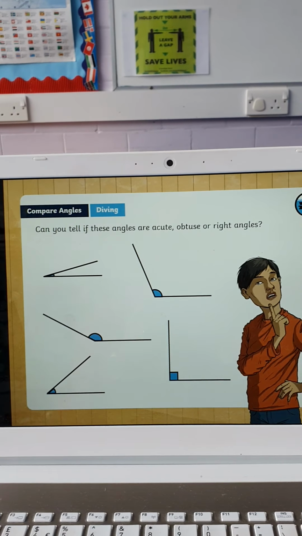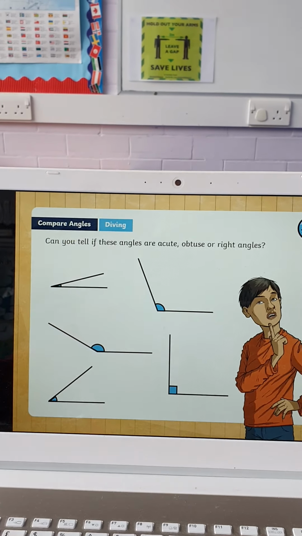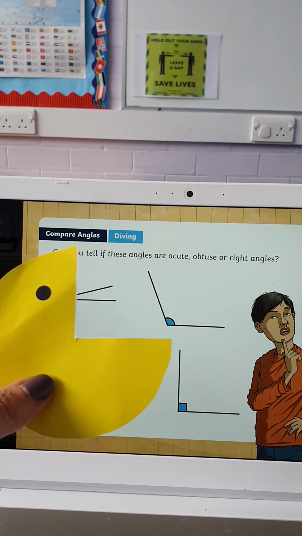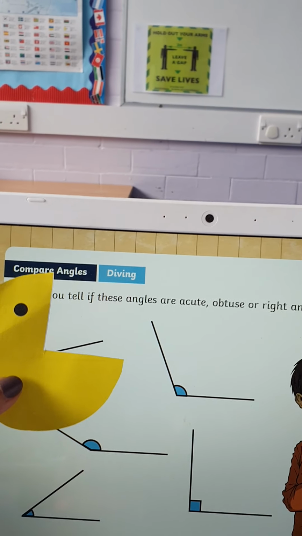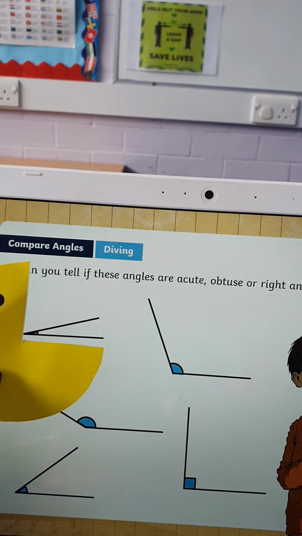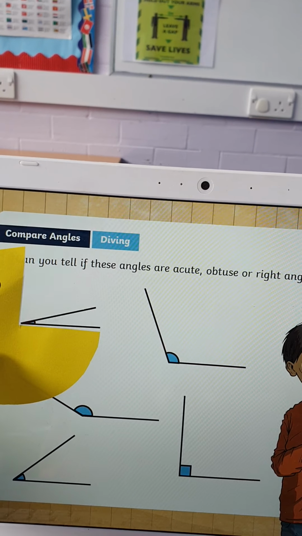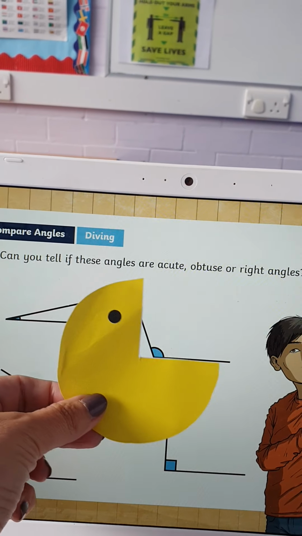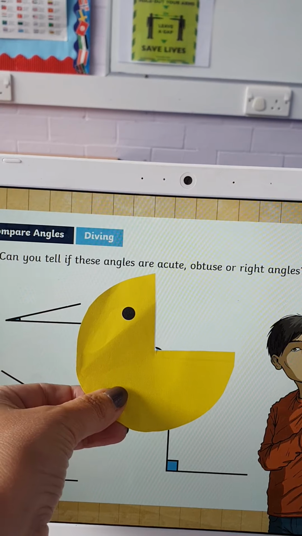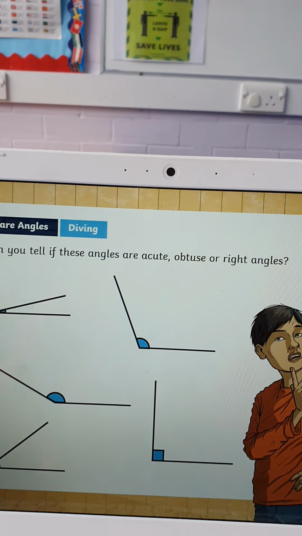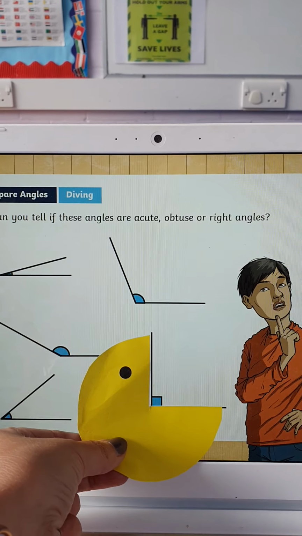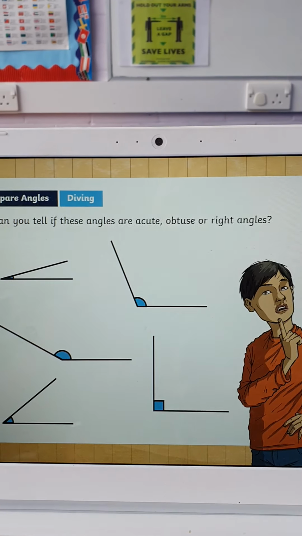We can use our right angle finder to help us to identify them. So if it's smaller than a right angle, it's acute. If it's bigger than a right angle, it's obtuse. Or it could be a right angle.